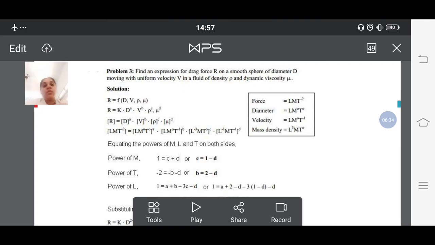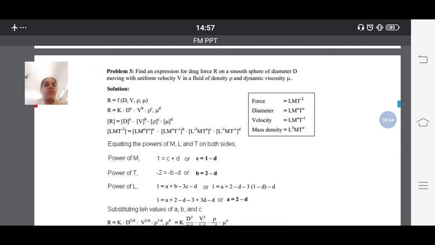For the power of velocity the arbitrary constant will be B, so substitute V is equal to L m power 0 t power minus 1, and in the power of V there is B as the arbitrary constant, so the whole power B. Then for density, the dimension is L cube m into t power 0 to the power C, that is the arbitrary constant, and mu, viscosity.